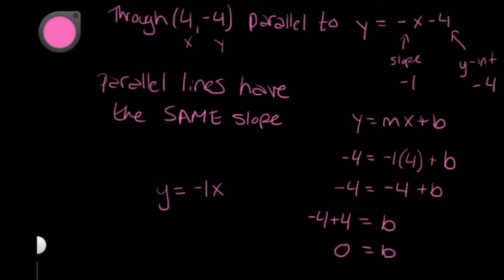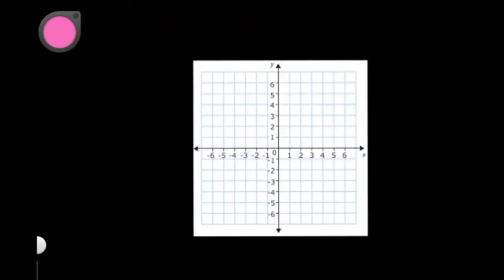So let me graph these lines and show you what they look like. All right, so the two lines that I'm going to graph are, the first one from the question was y equals -x minus 4.